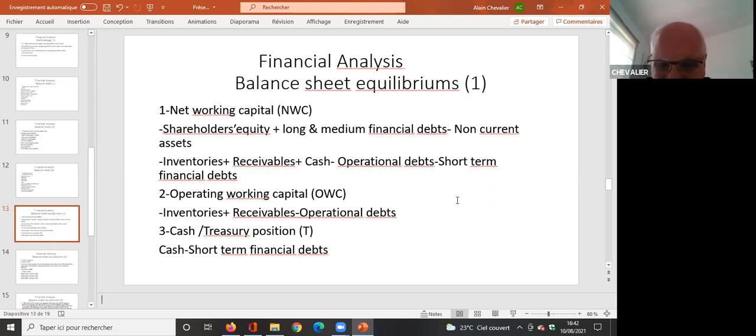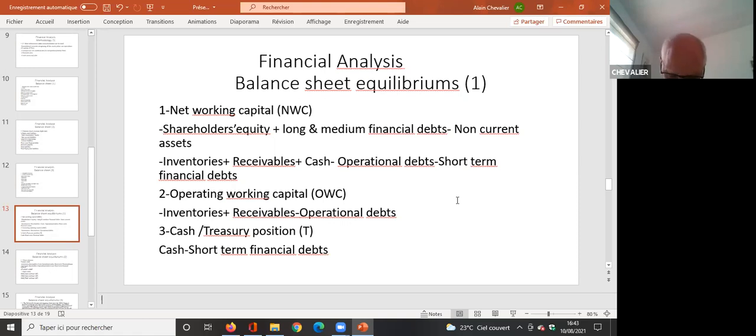But they have mainly a large amount of debts to the providers. Taking into account their market power, they pay very often 70 days, 90 days. That means the amount of operational debt is very important. It's much more important than the total inventories and receivables. And at the end, the operating working capital is negative.